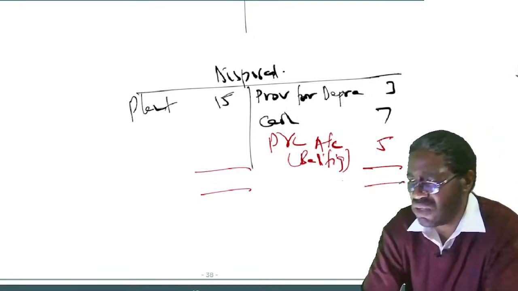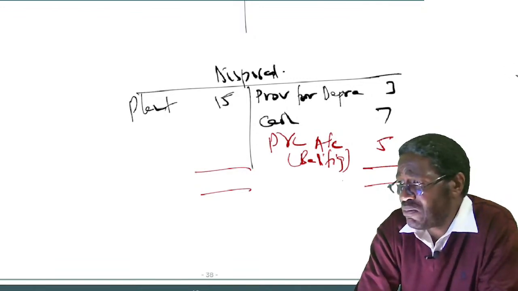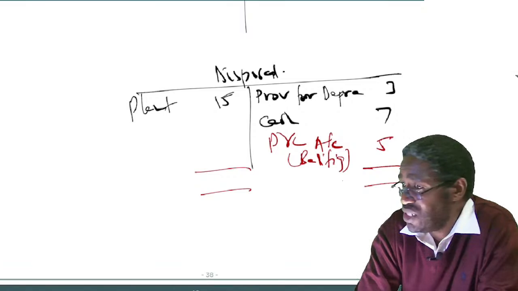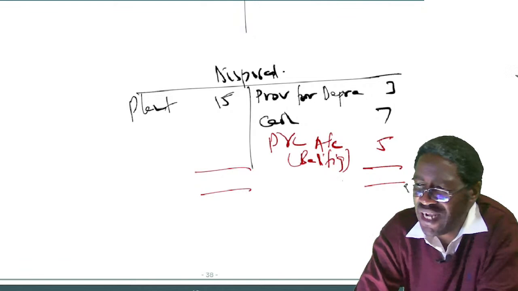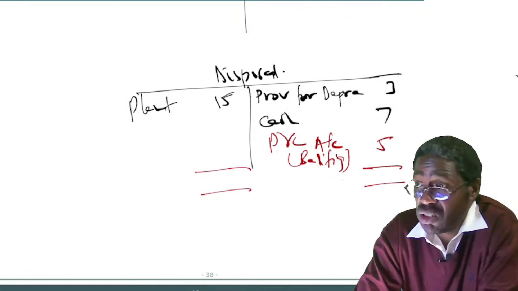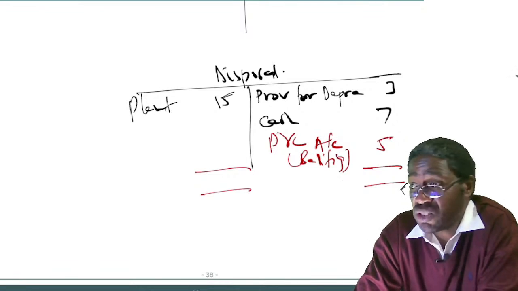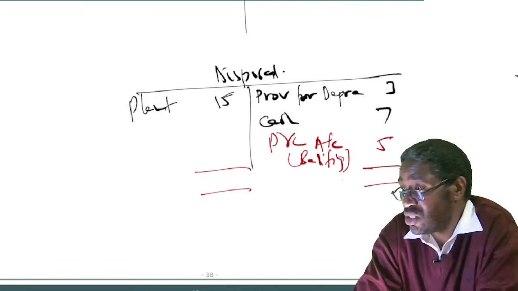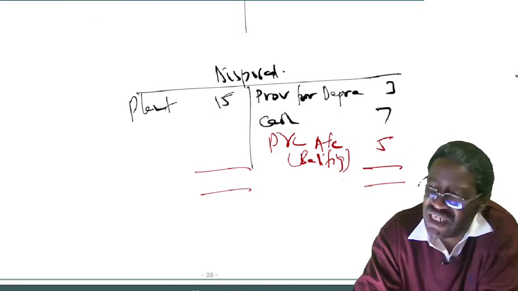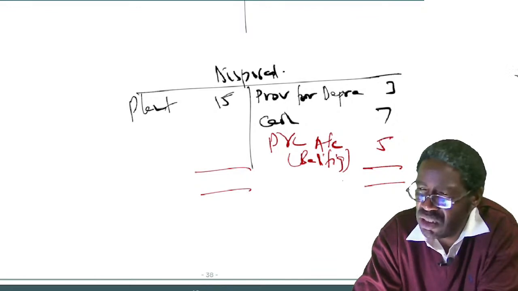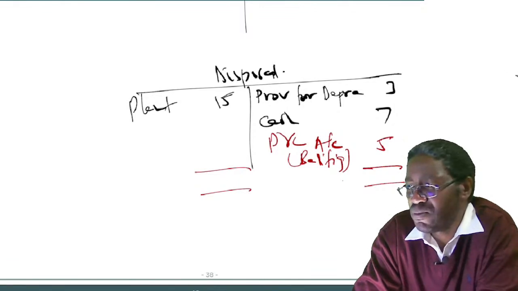Then you can ask yourself, is it a gain or loss? Again, because of time, let me just remind you that that is a loss. How can I tell that it's a loss? One way is by looking at the double entry of that 5. Remember, I have credited the disposal account. It means I must debit P&L.